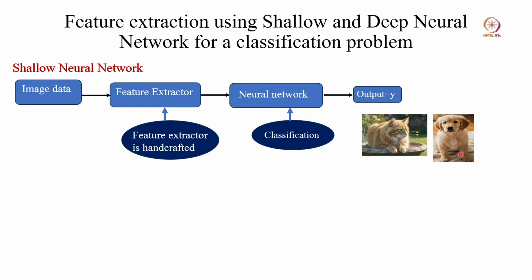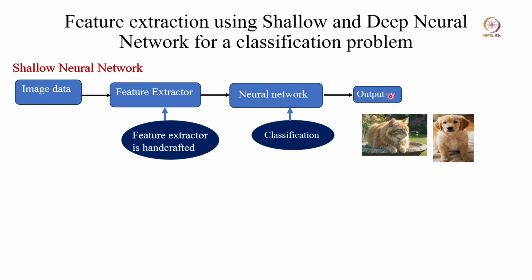This feature extractor is basically another single hidden layer neural network which does the feature engineering, and then that is fed to the neural network, and classification happens there, and we get an output Y, that means whether it is an image of a dog or not a dog.